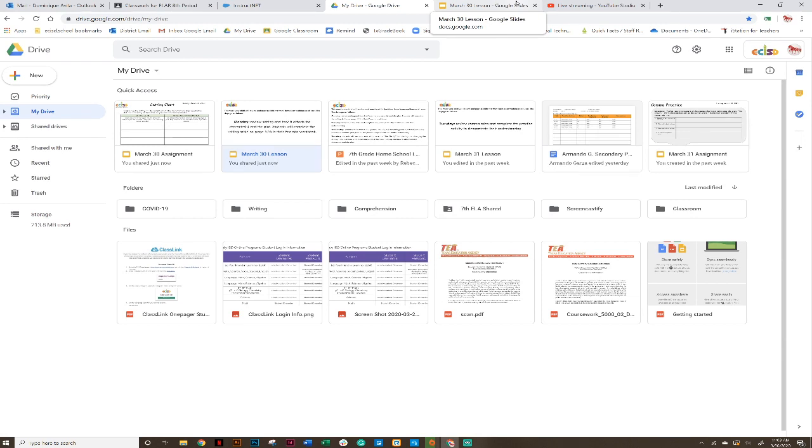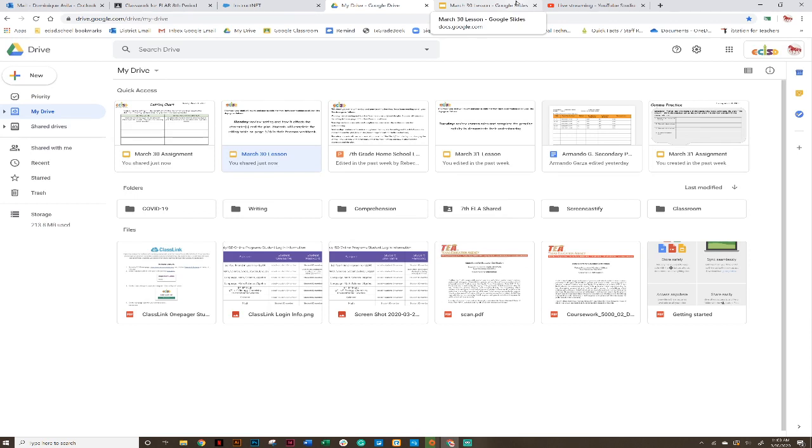Some announcements before we get started. I don't know if you guys have heard, maybe you have, that the TEA, which is the agency in charge of education here in Texas, has decided to forego the parent assignment logs. So those are no longer required.